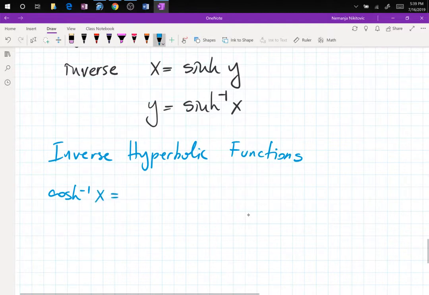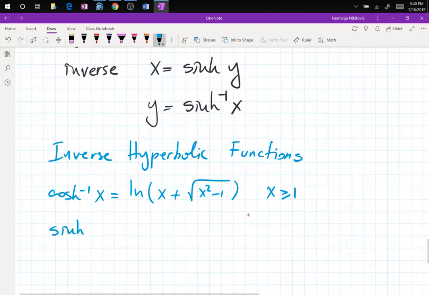They are not going to be used anywhere, and obviously if they pop up, you just look it up. So cosine hyperbolic inverse of x is ln of x plus square root of x squared minus 1 for x larger than 1. So we had to have a restricted domain there.